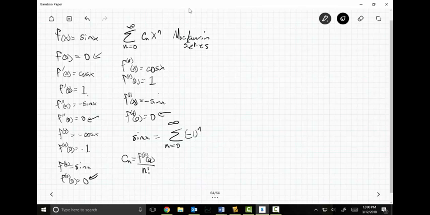Well, isn't this just x to the what? I can't just go x to the n, because remember, every other term returns a 0, and I need to start this thing at 0. So what about x to the 2n? Would that do it? If I put in 0, then, oh crud, I get a 1.